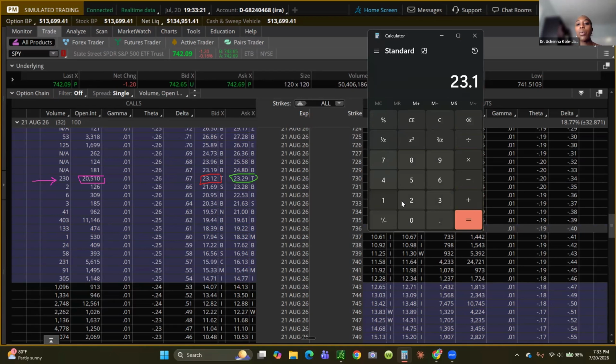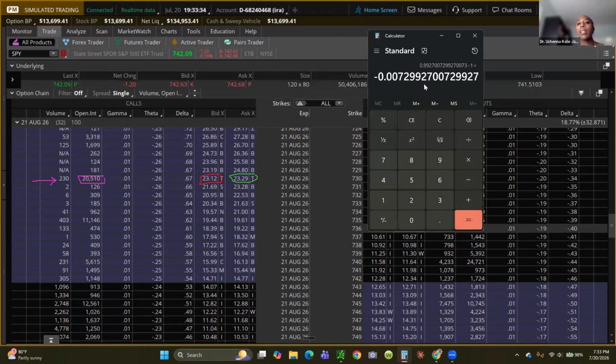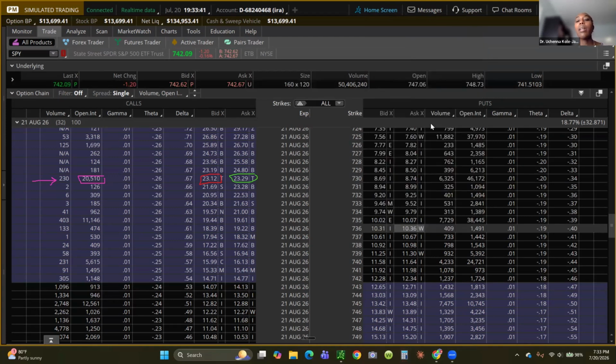So 23.10 divided by 23.29 equals, and then you could just go minus 1. So is this number less than 10%? Absolutely. It's way less than 10%.